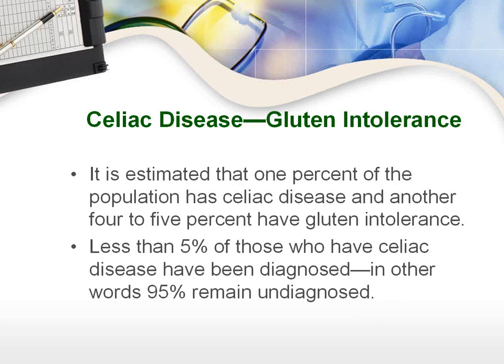That's more of a gluten allergy. These are two different things. So the interesting thing that you have to understand is that less than 5% of these individuals even know they have celiac disease. So in other words, 95% of our patients with celiac disease remain undiagnosed.